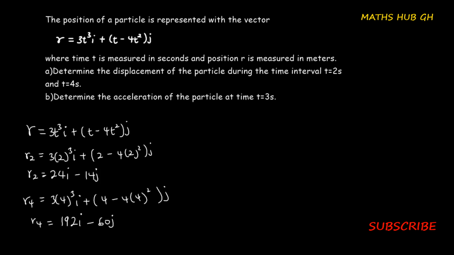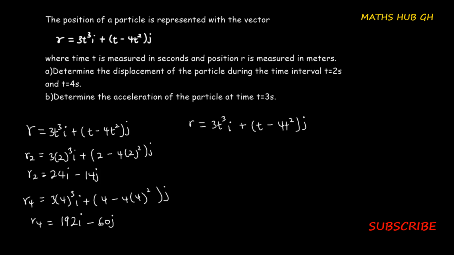To find the acceleration vector, you have to differentiate the position vector twice, like I said earlier on in the explanation. So we have the position vector r, which is equal to 3t cube i plus t minus 4t squared j. So this is what you have.